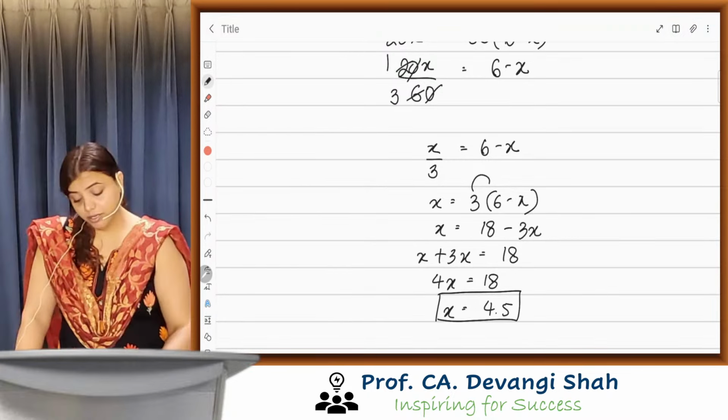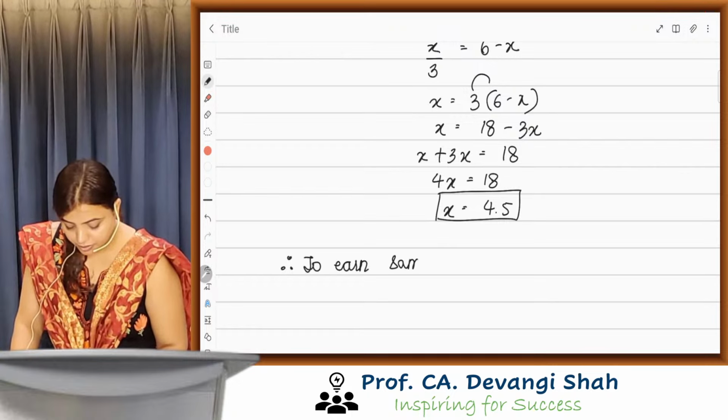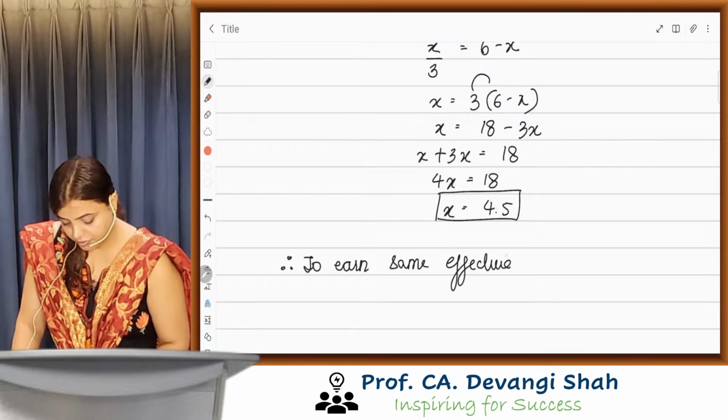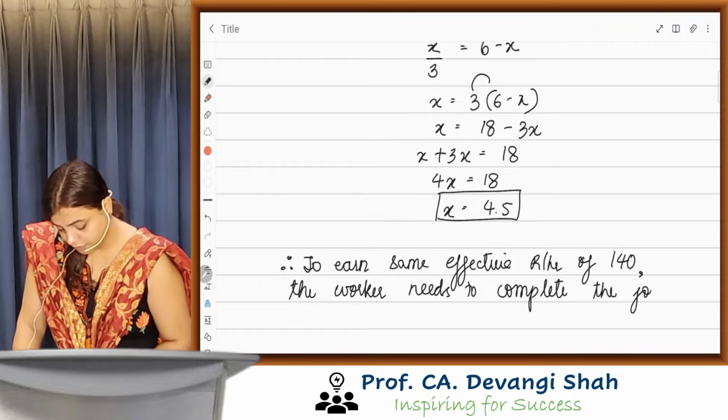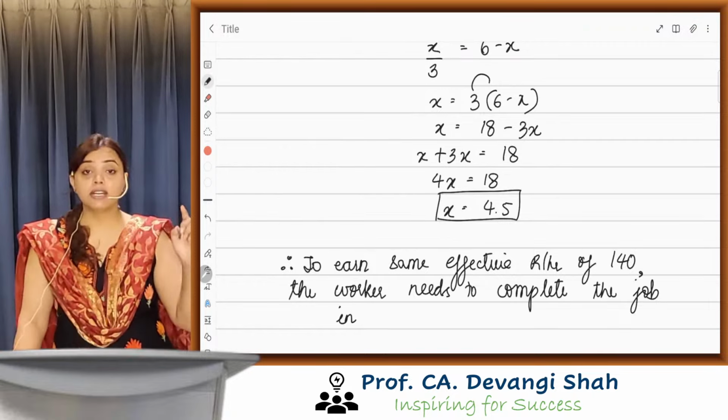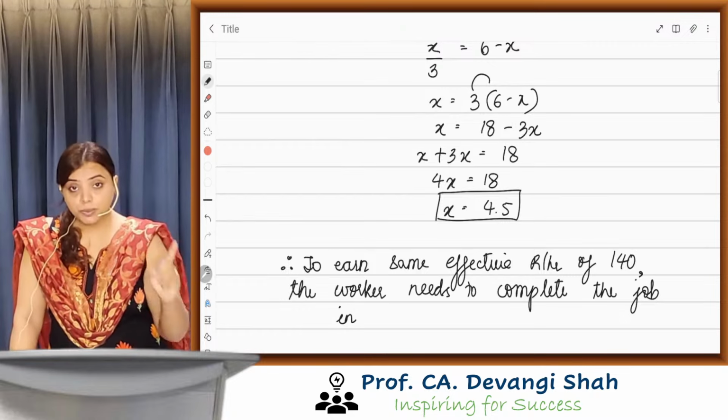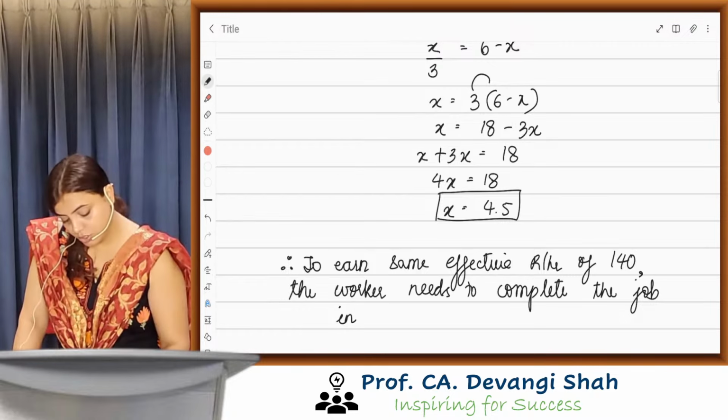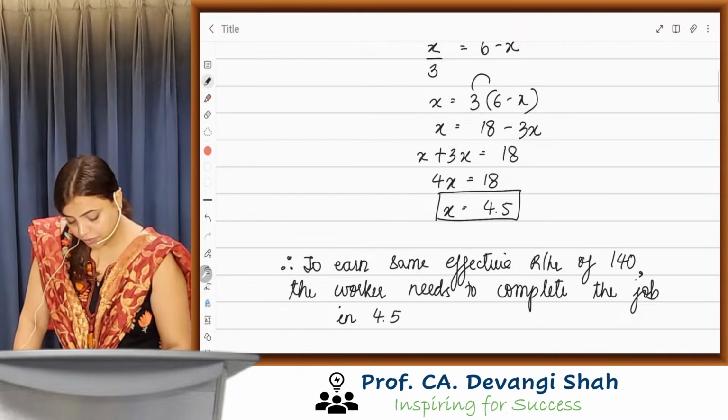Therefore, to earn the same effective rate per hour of rupees 140, the worker needs to complete the job in not 5 hours, what he did in Rowan, but to get the same rate, he needs to complete the job in 4.5 hours.